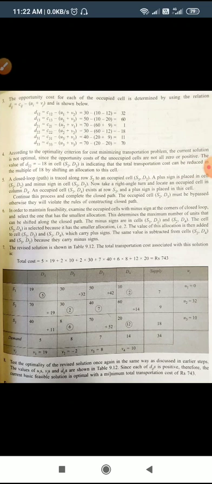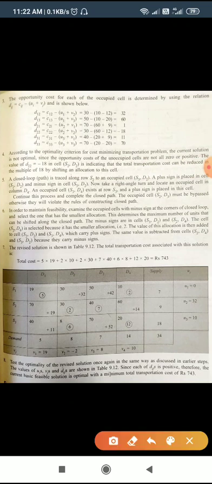After assigning units to this cell, we now give 2 units for transportation. Now we find the opportunity cost, the total cost, and check whether the solution is degenerate or non-degenerate.